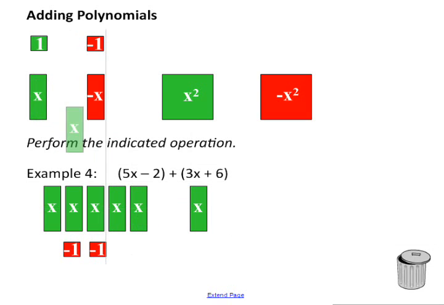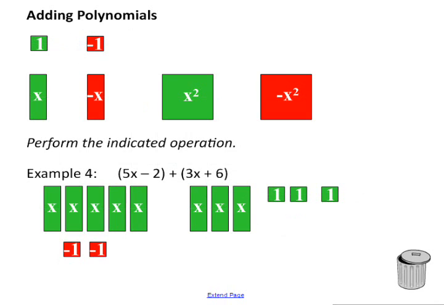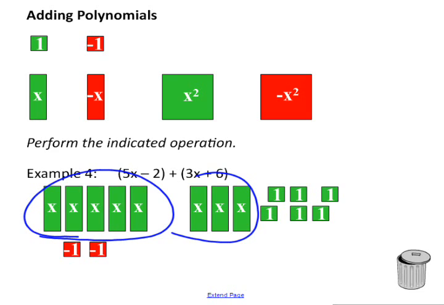So 1, 2, 3 x's, and I need 6 units. Now I'm going to combine like terms. If you add up the x's, you've got these 5 x's over here, and you've got these 3 x's. So altogether I have 8x.